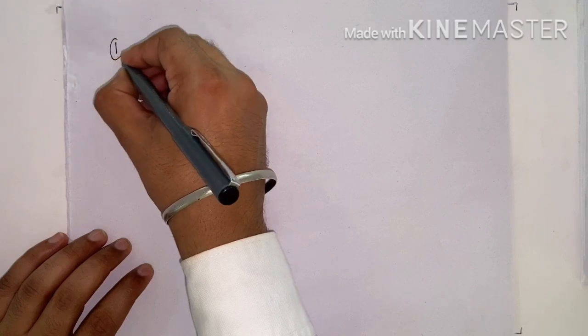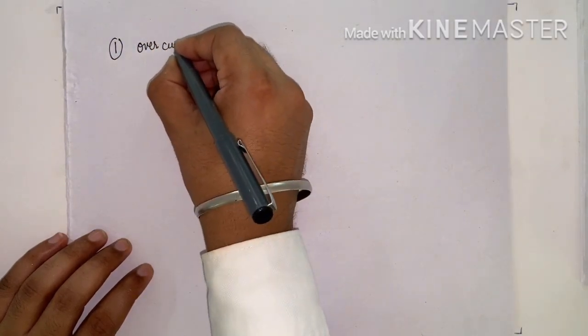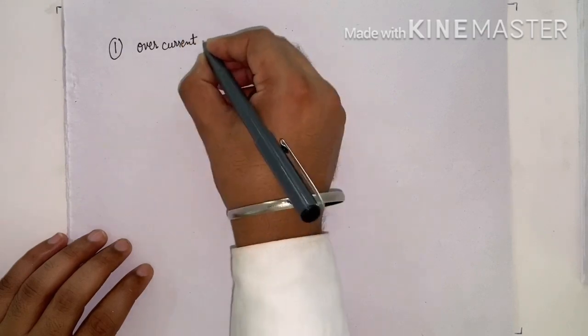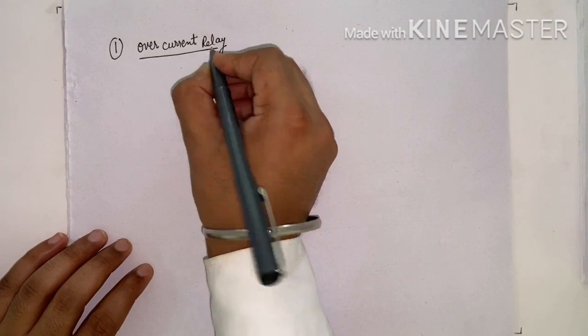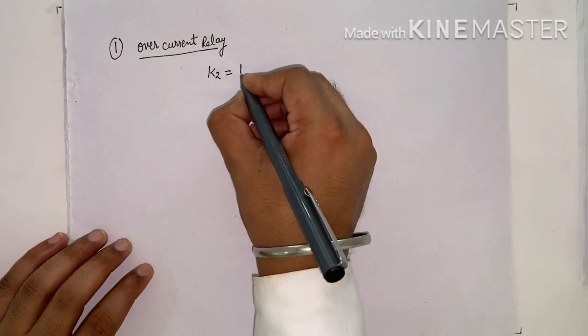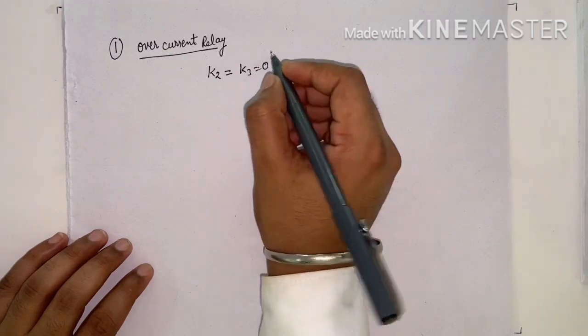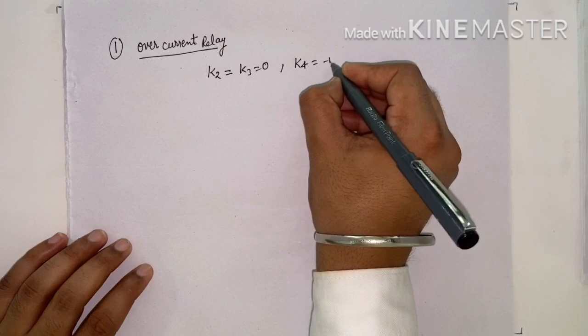Suppose we have considered the overcurrent relay. In the overcurrent relay, the constants K2 and K3 are 0 and the value of K4 is negative.